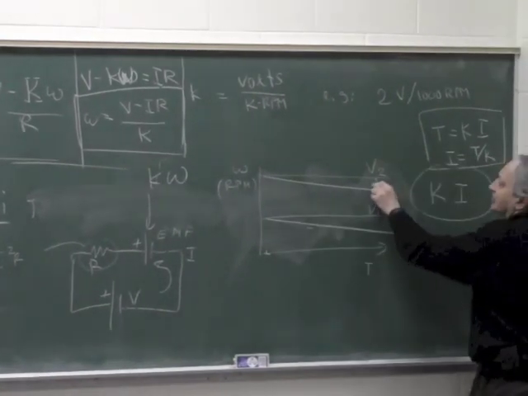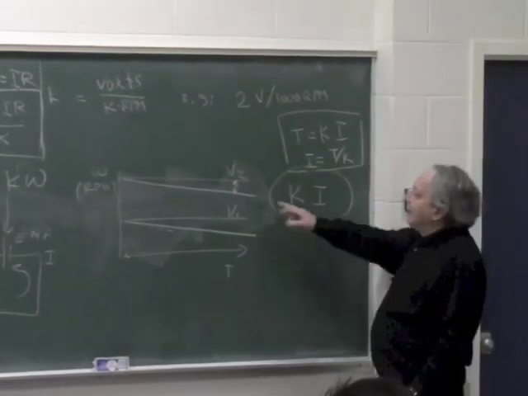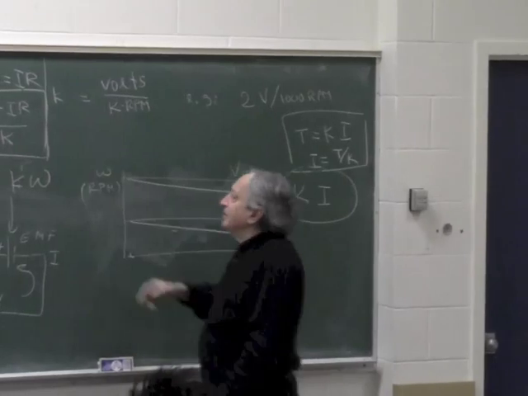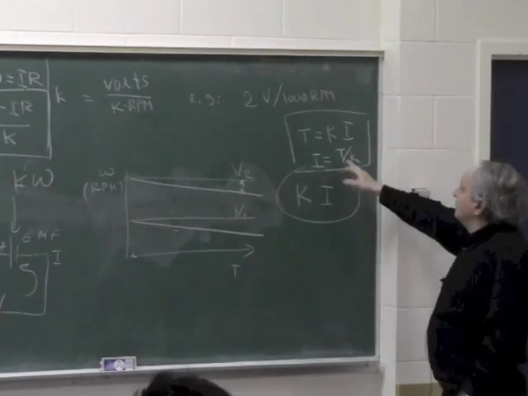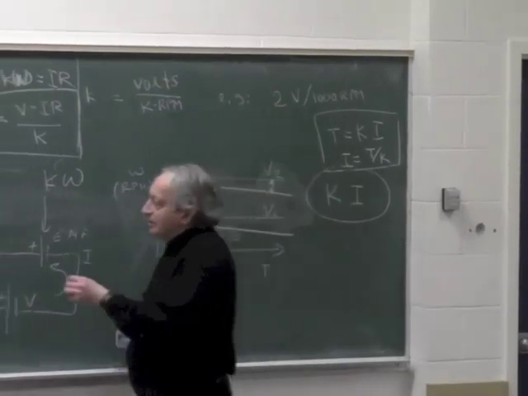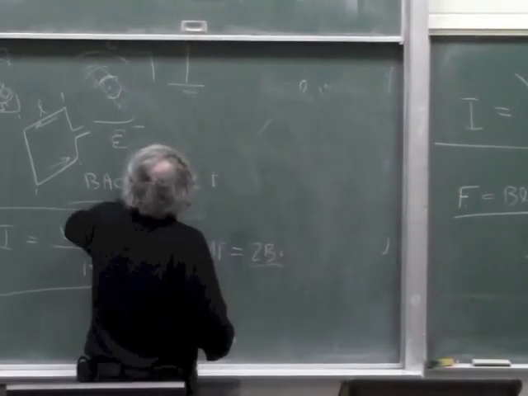where the drop is simply IR, okay, but I is torque over K. Okay, so let's rewrite it in this form, and then it will become clear.